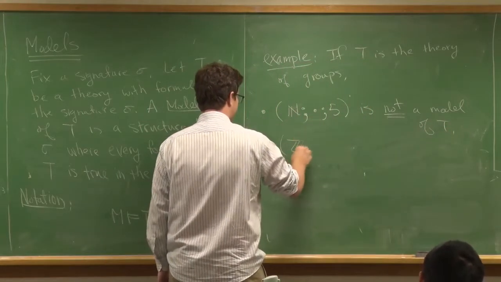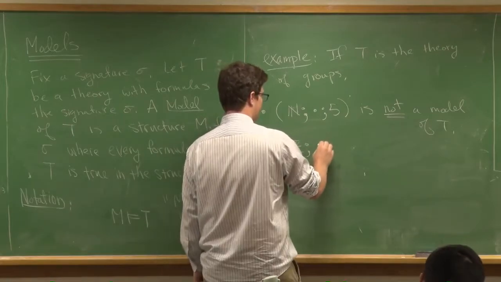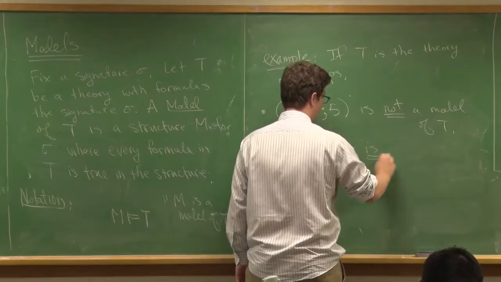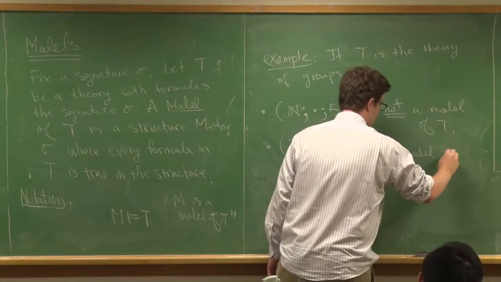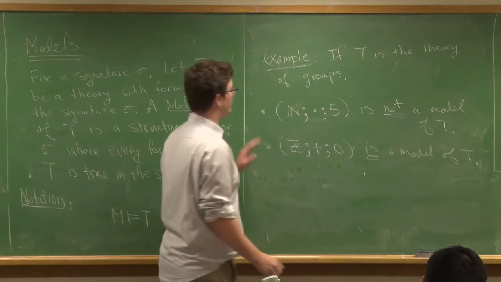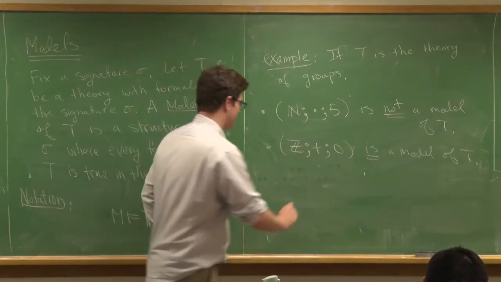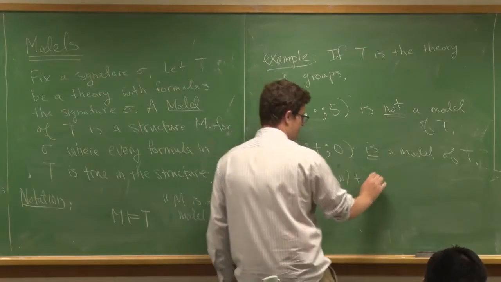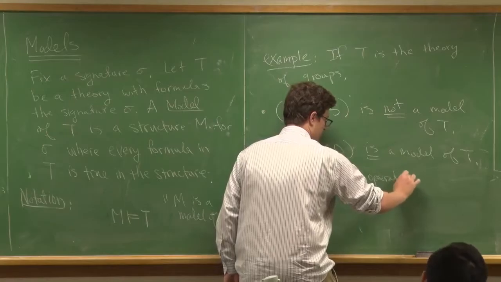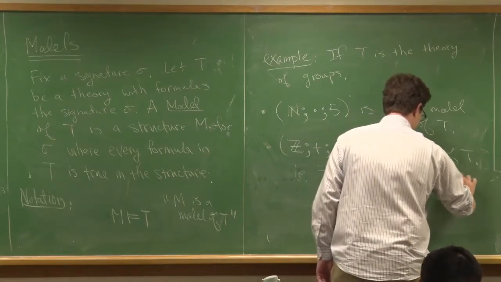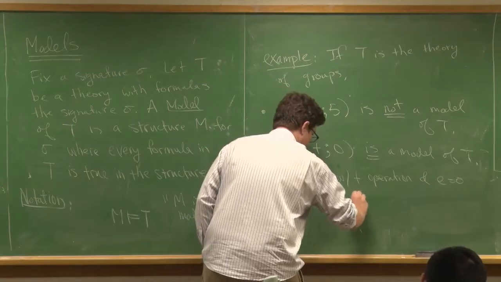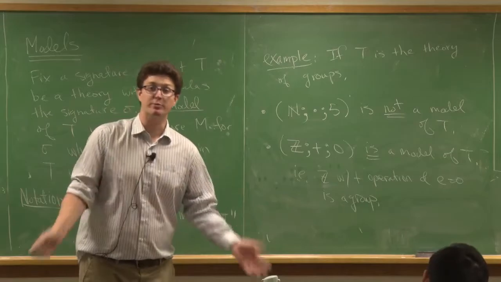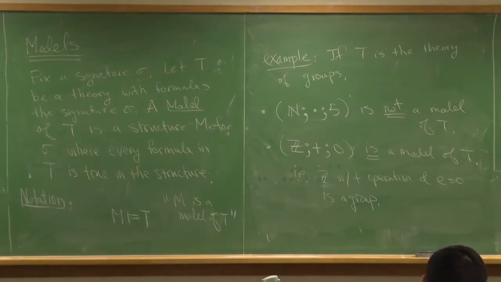But this thing, Z with plus and 0, is a model of T. Okay, so this is an actual group, i.e. Z with the plus operation and e being 0 is a group. So any model for the theory of groups is what we call a group. Okay? That's all that I'm saying.